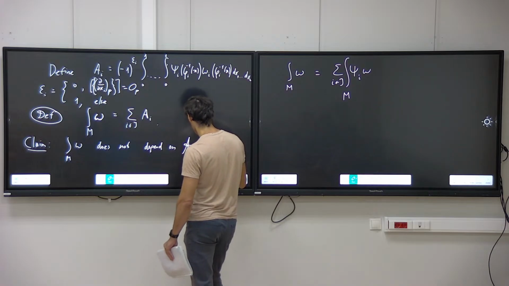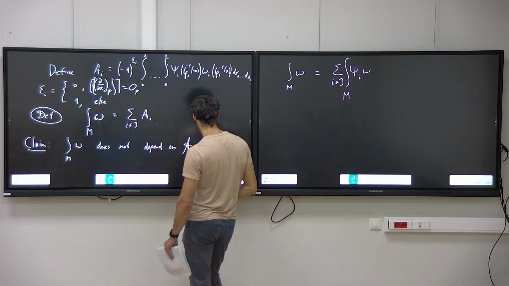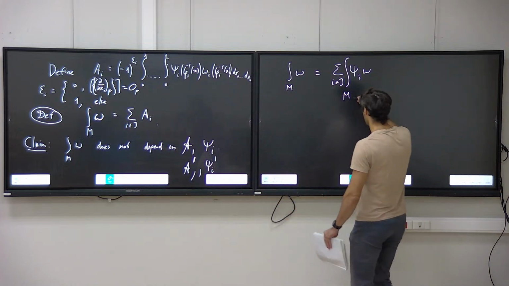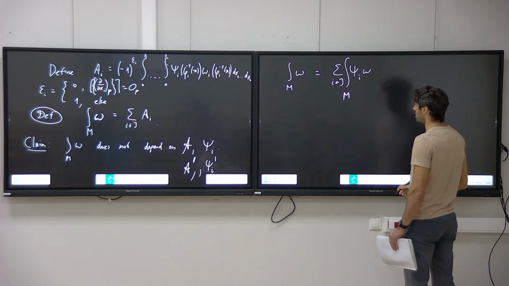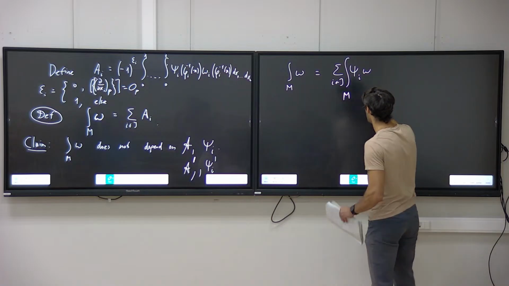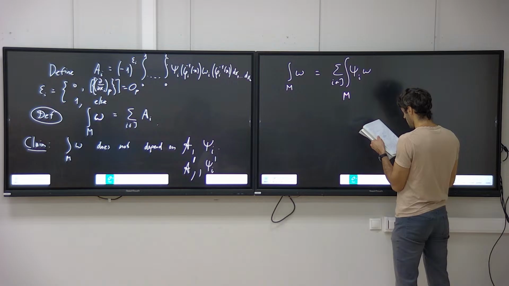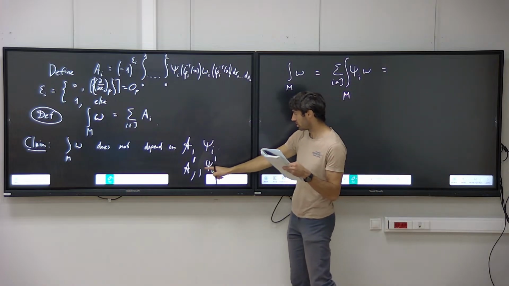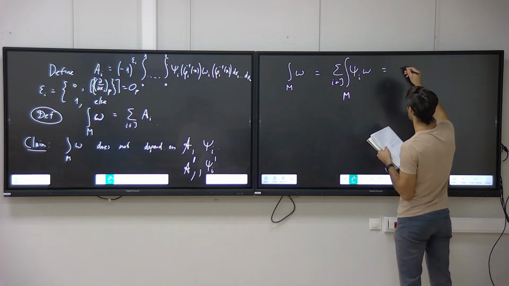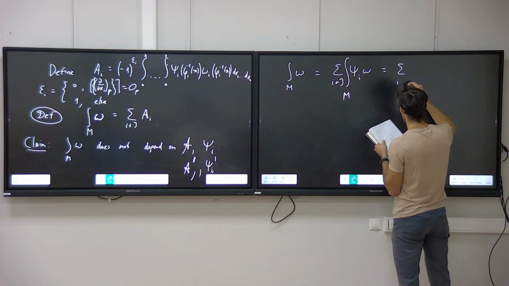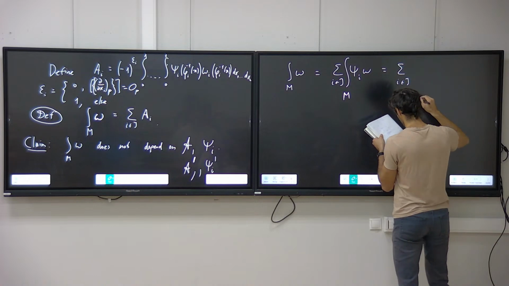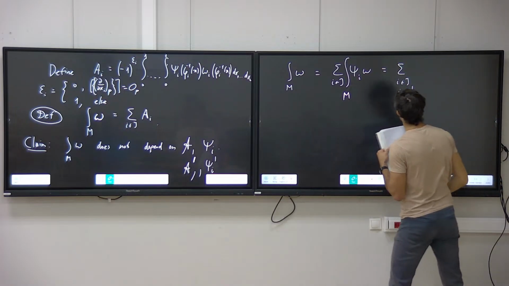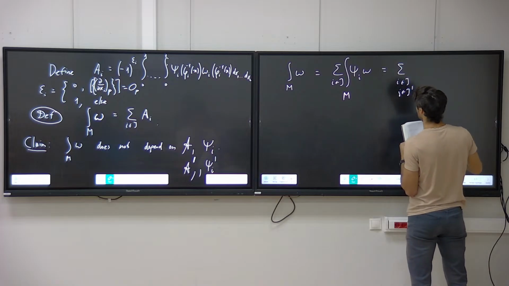You start with some other atlas A prime and use a partition psi prime, everything with primes, Ui prime, phi I prime, and so on. You take this guy and treat it using the primed definition, so it will be a sum over I from J and J from J prime, where J prime corresponds to the other choice of all this data.